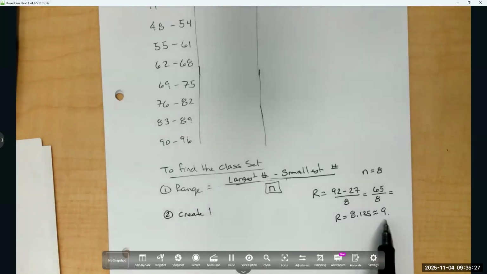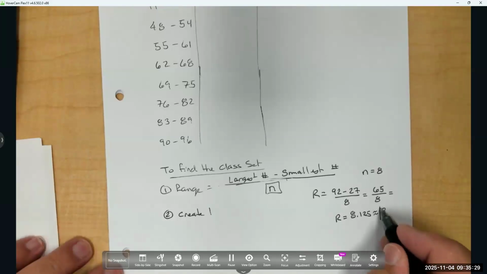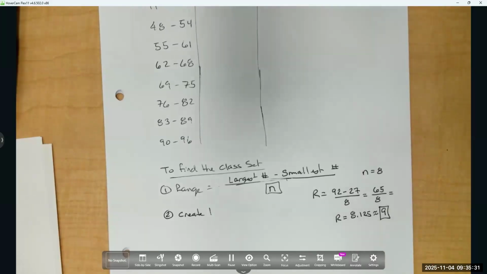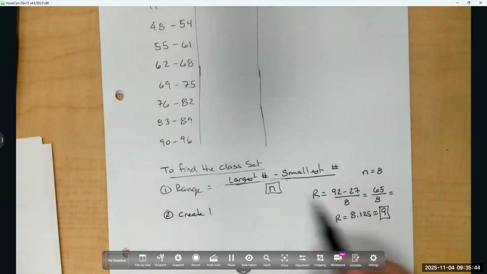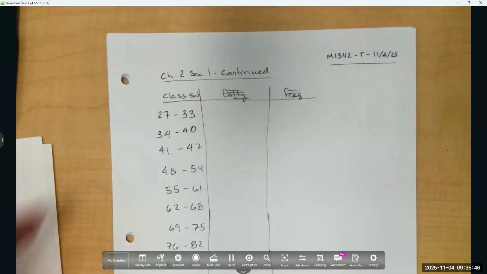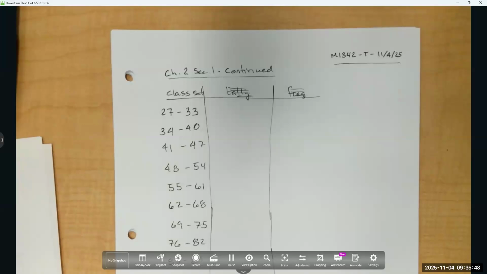So what do we do from there? Once we have this size right here, what do we do? Actually, no, 8 was the first one we did. Then we started another one here, the second one we want to look at.